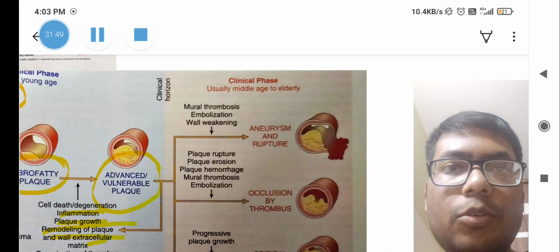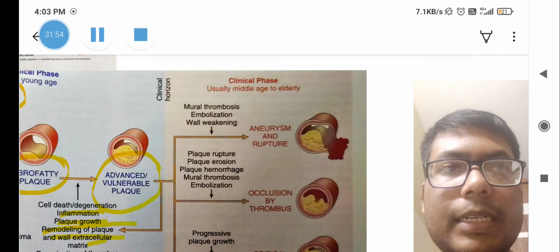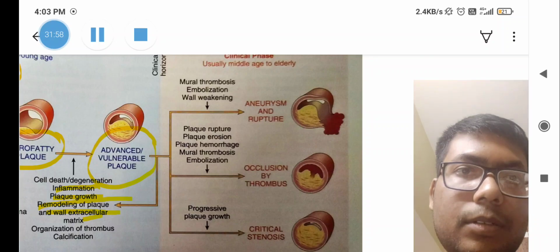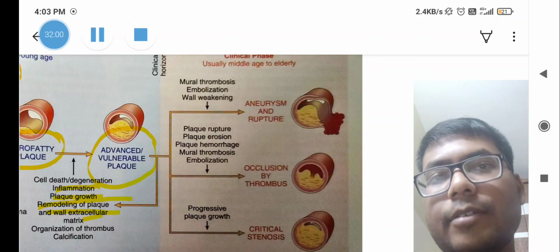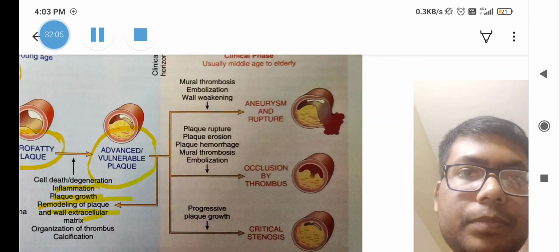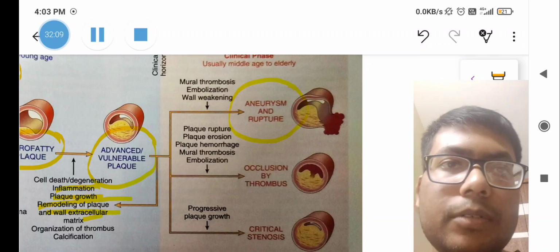And when there is advanced or vulnerable plaque, three types of fate can happen, as an end result of the atherosclerosis. That is the aneurysm and rupture.